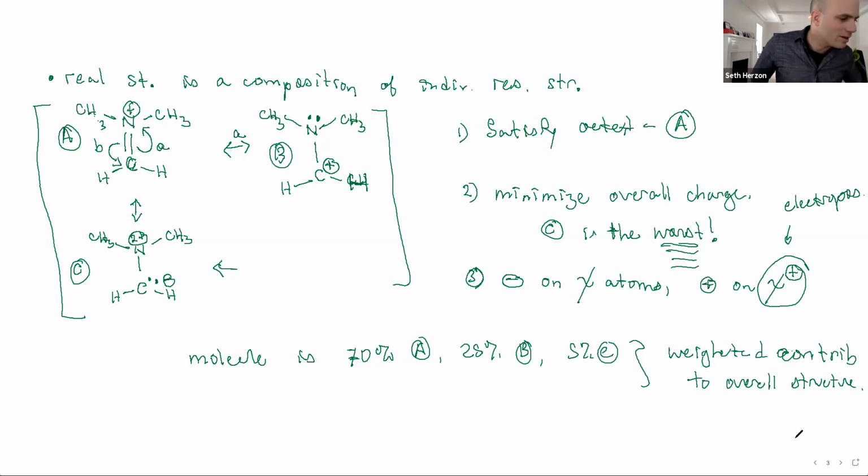Oh boy, sorry. That's an octet. I'm going to write that in, because hopefully that'll get recorded. Yeah, that says satisfy the octet. So 8 electrons around all non-hydrogen atoms. Thank you very much.